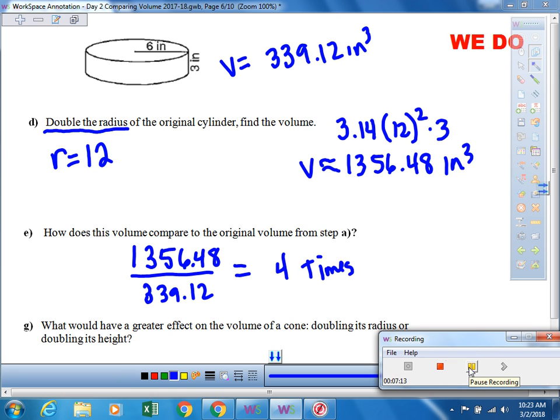Natalie, what do you think? Why is it 4 times bigger? When I double the height, it's only twice as big, but as soon as I double the radius, 4 times as big.